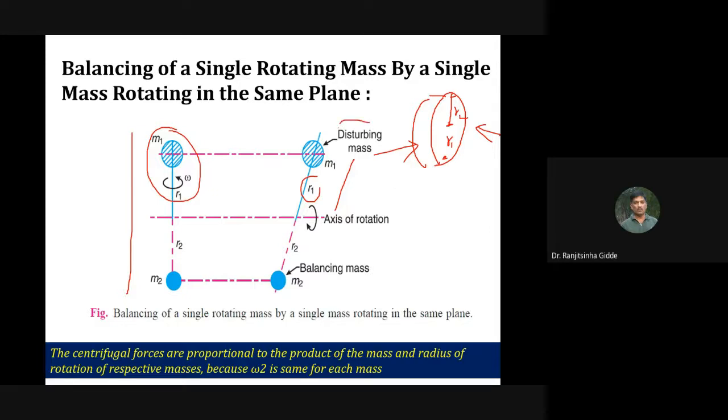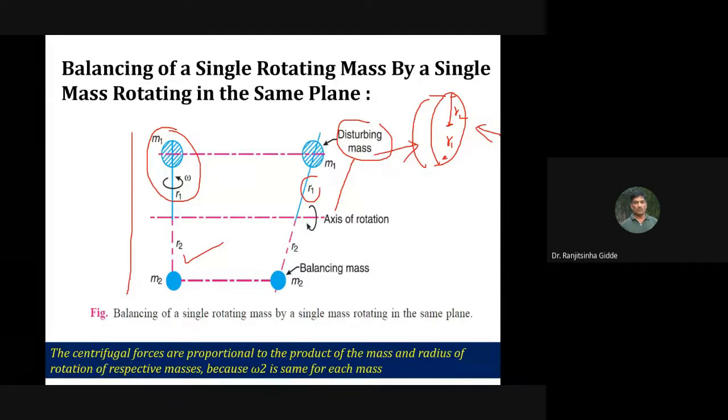To this disturbing mass, we are going to provide a balancing mass to compensate the centrifugal force produced by the disturbing mass, in the opposite direction, as you can check in this first figure.